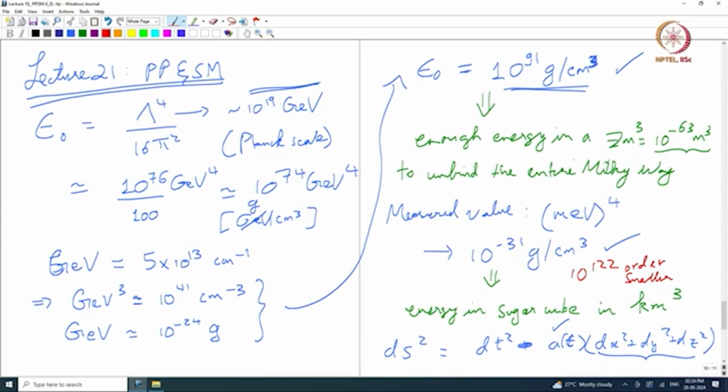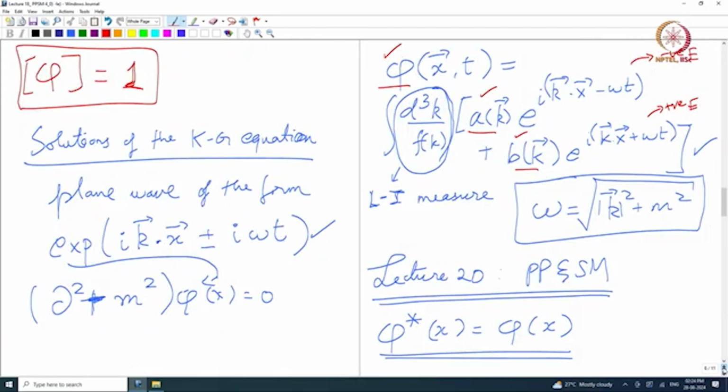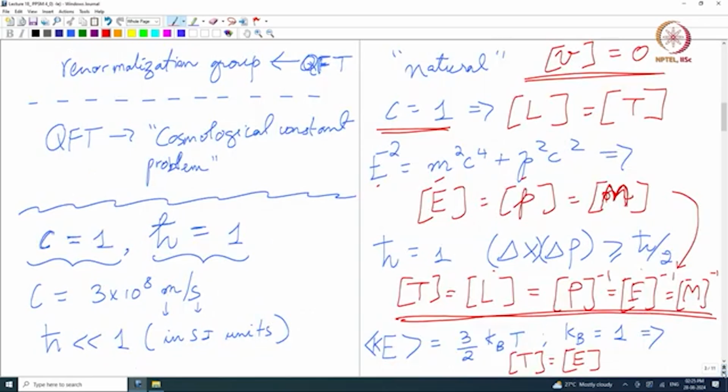There's another way to see this mystery. See, there are two terms here, right? I just calculated the E naught term as a zero point energy. But there is also the omega naught term, correct? I didn't say anything about the omega naught term. Why? If you recall, that omega naught we wrote down at the point of writing down the Lagrangian itself.